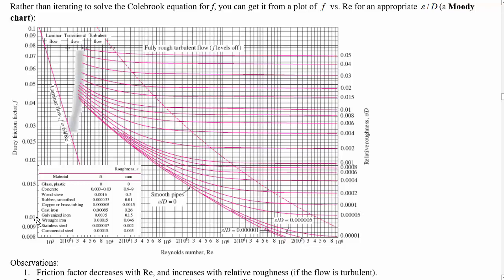So this is 0.01. This is 0.015, so this must be 0.01, 0.011, 0.012, 0.013, 0.014, 0.015. Yeah, there we go. So this is the one that we wanted, 0.0112, 0.012, corresponding to 10 million Reynolds number for a relative roughness of 1E-4. And that's how you use the Moody chart.